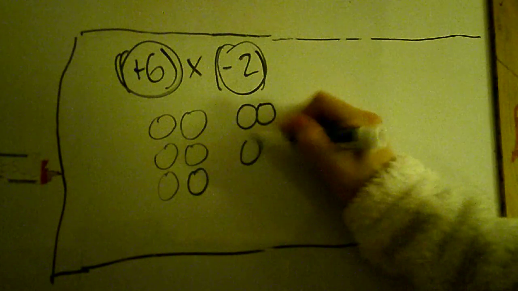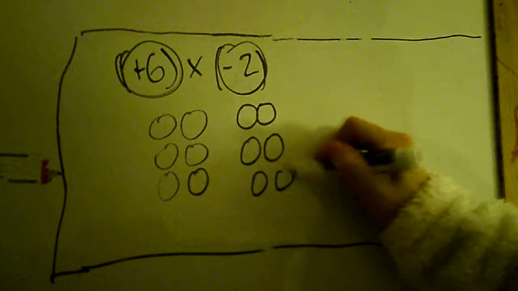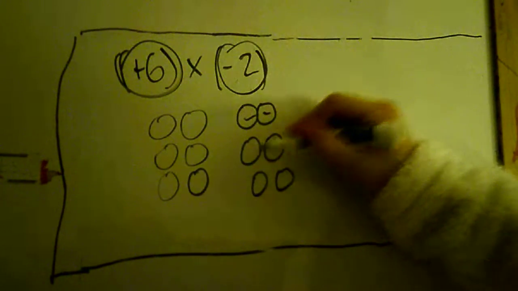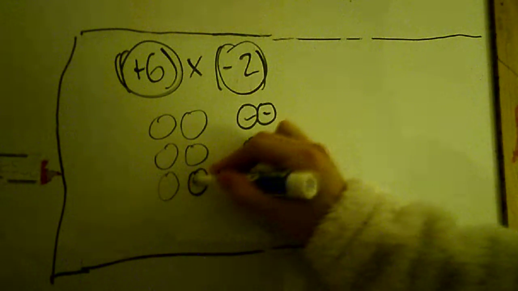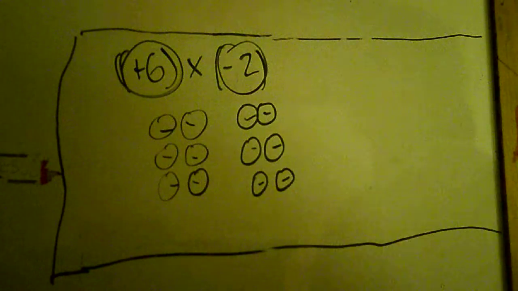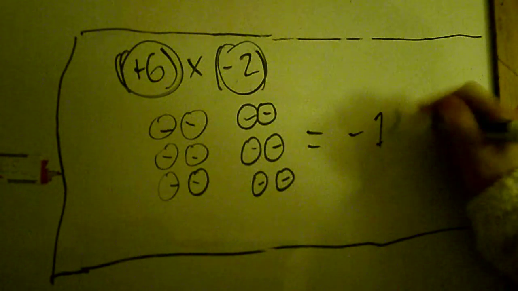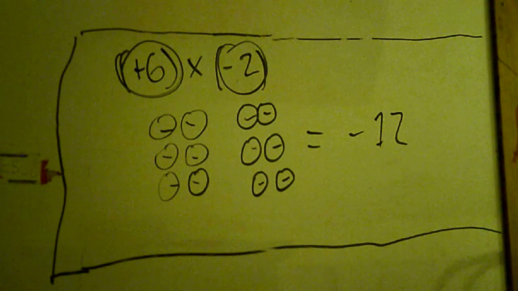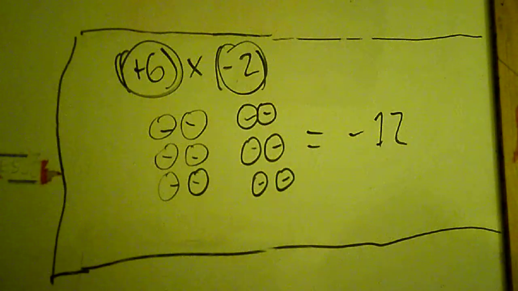It's 4 groups, 5 groups, and 6 groups, and all of them have to be negative. There you go. And the answer is negative 12. So that's pretty easy. I mean, it's almost the same thing as with positives.